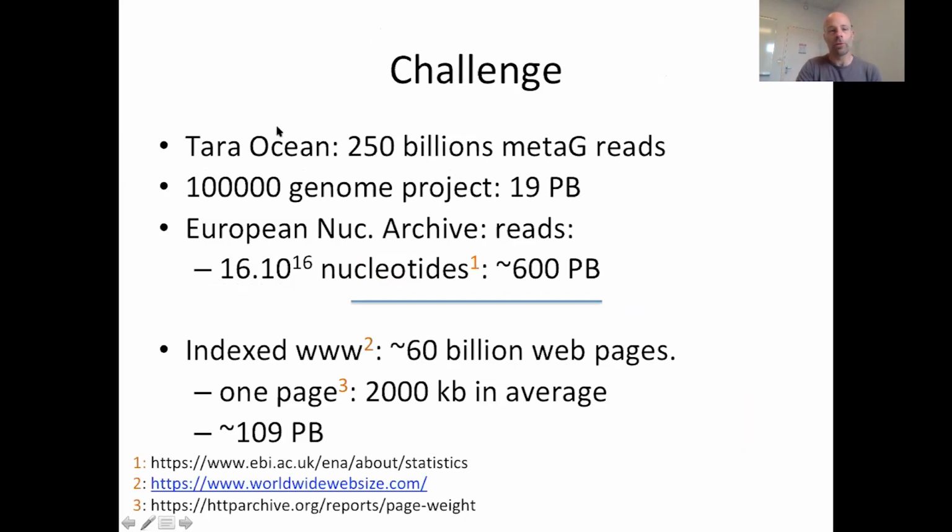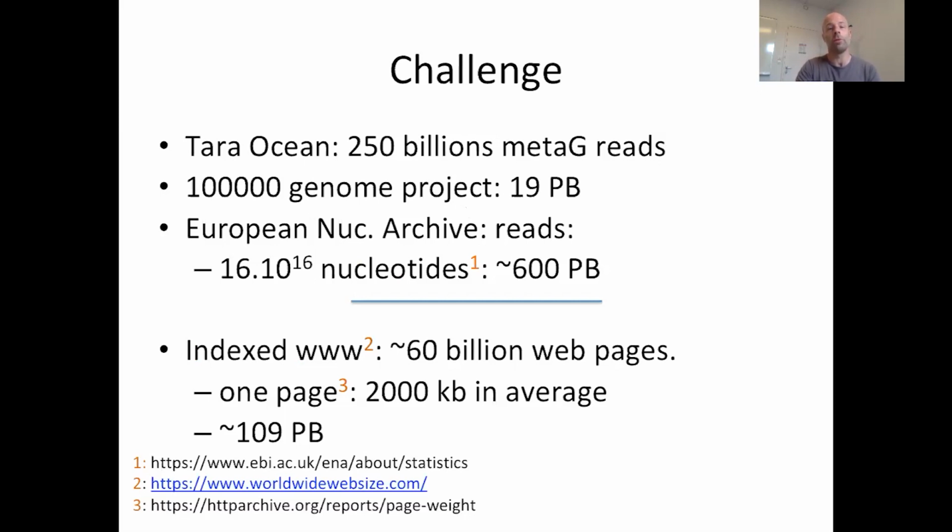So I'm going to talk a bit about the Tara Oceans project. We will see what it is just afterwards. So it's kind of a small scale, big project. We have here 250 billion metagenomic reads, but we can also, of course, talk about human projects. For instance, the 100,000 Genomes Project that contains 19 petabytes of compressed FASTQ sequences.